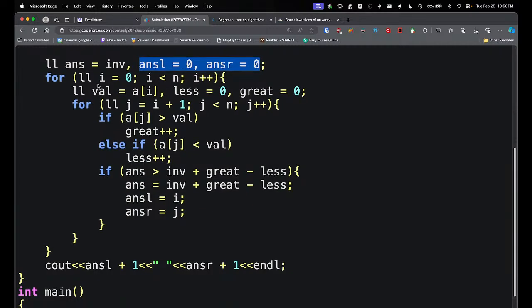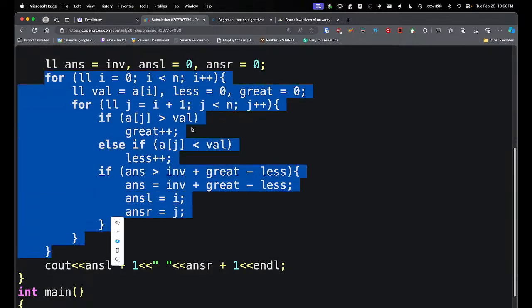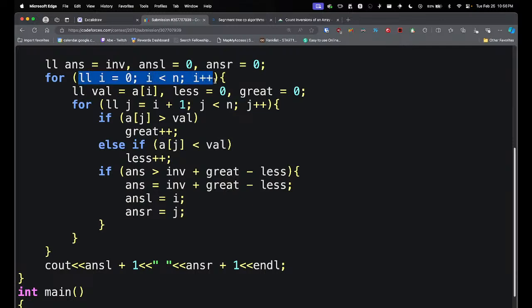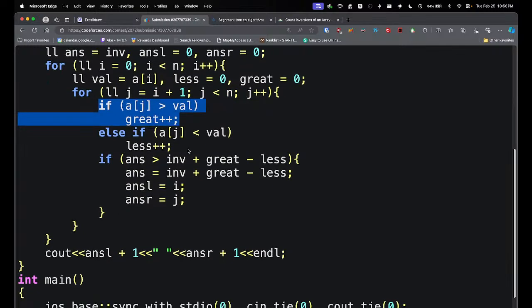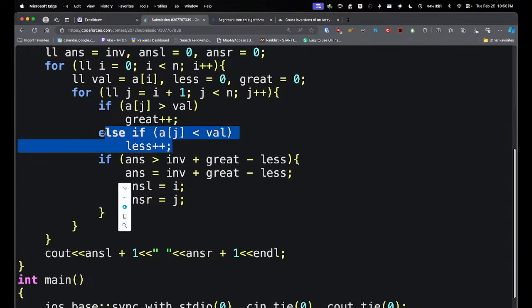Now what do I do other than that? For i going from 0 to n, I get that value. Basically I need to compare that with everything else, and I store the number of lesser and the number of greater than me. Originally everything is 0. Now going from i plus 1 to n, the j loop, I increment greater if aj is greater, and I increment lesser if aj is lesser.